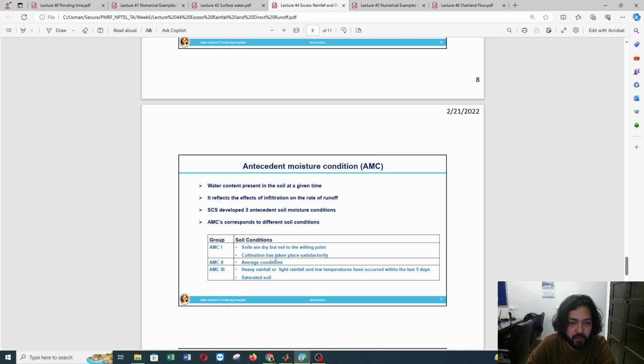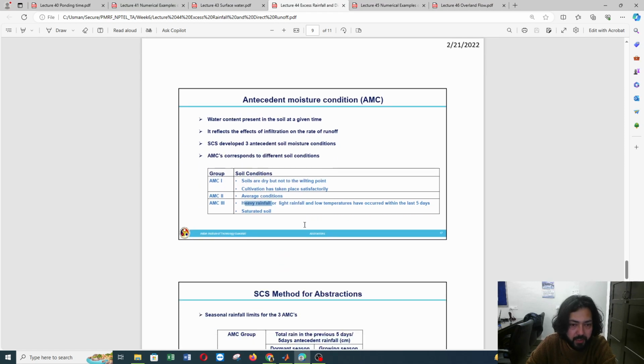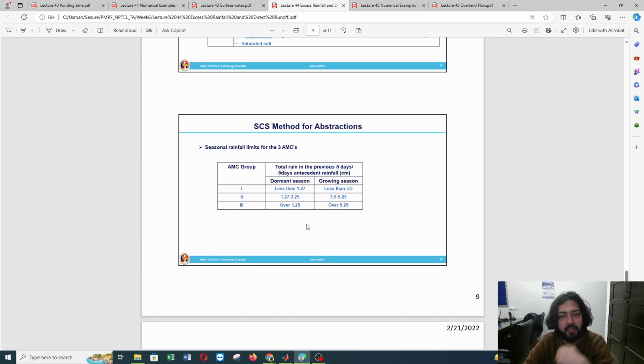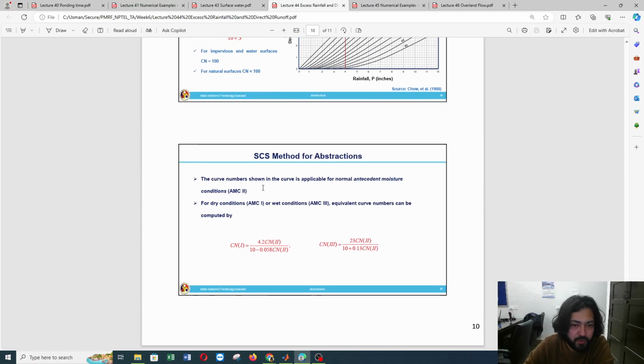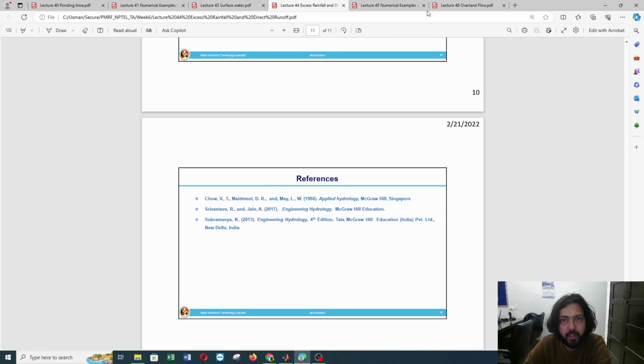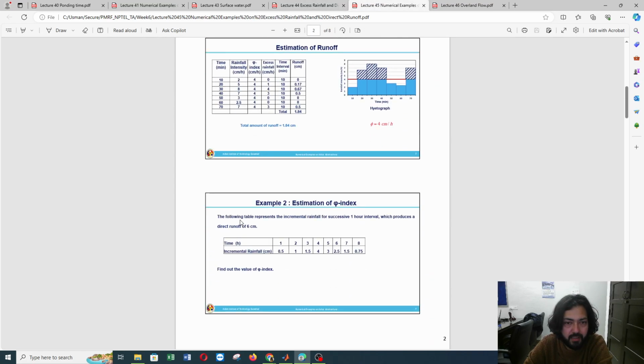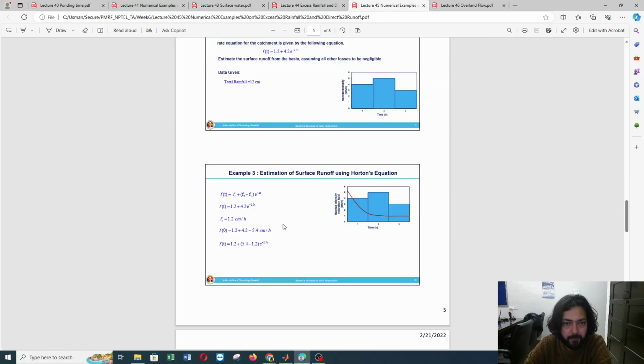Soils are dry initially for AMC 1, the second is average condition, and the third states there is a storm event or heavy rainfall, right? We have seen the equations also. Now we are going to take a numerical example for SCS curve number first.